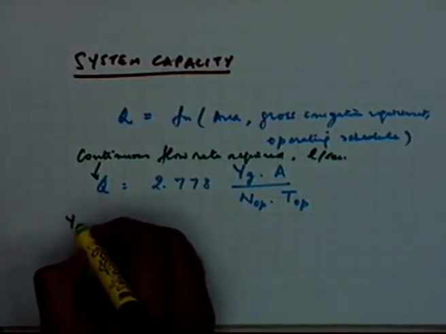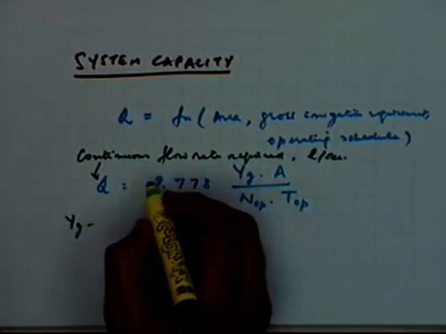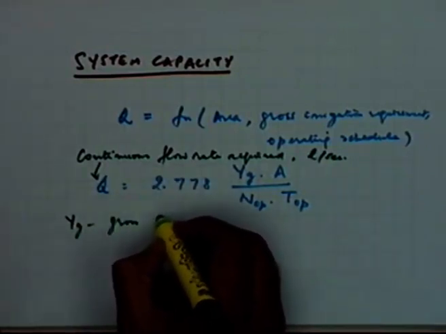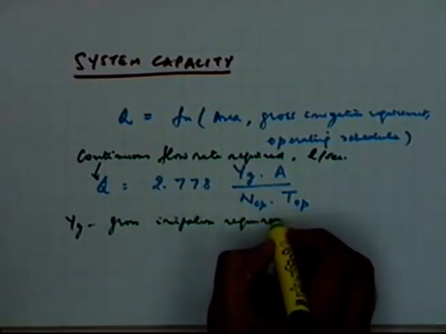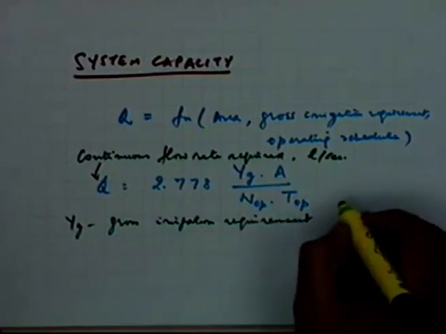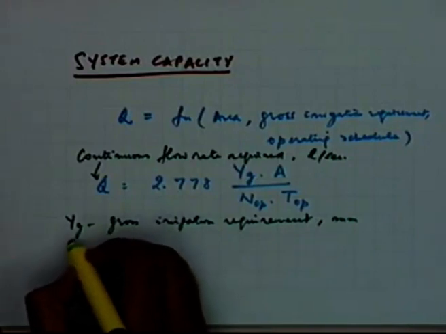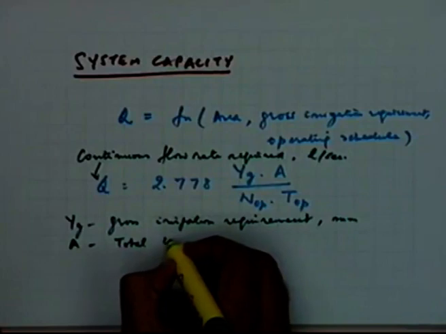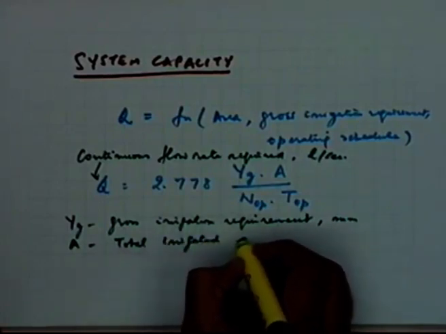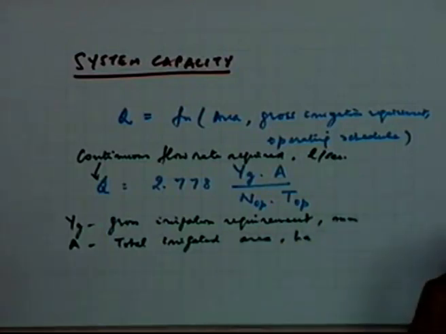Yg, which we have already seen earlier, is the gross irrigation requirement, expressed in millimeters. A is the total irrigated area, in hectares.